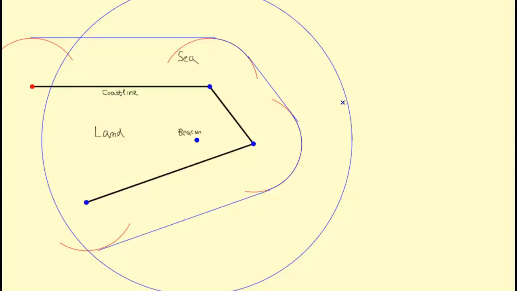So the fishing boat should not go more than this boundary. So it means that they can fish on this boundary and inside the boundary. Therefore fishing can be done on this boundary and inside the boundary of that circle. So this is the region where fishing can be done, all this from the coastline to this circle.